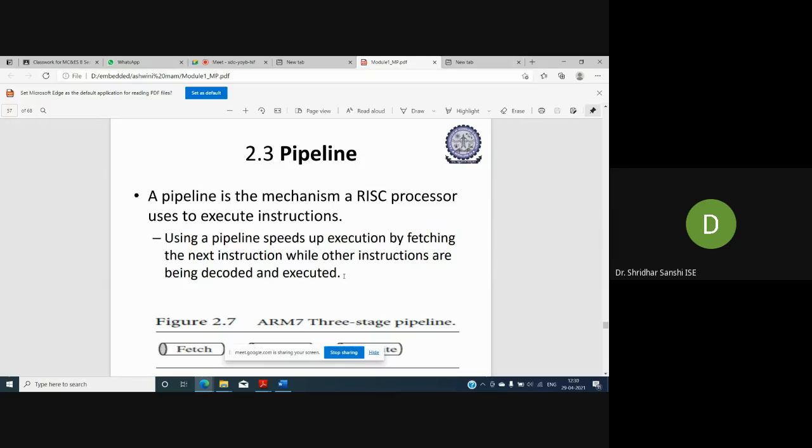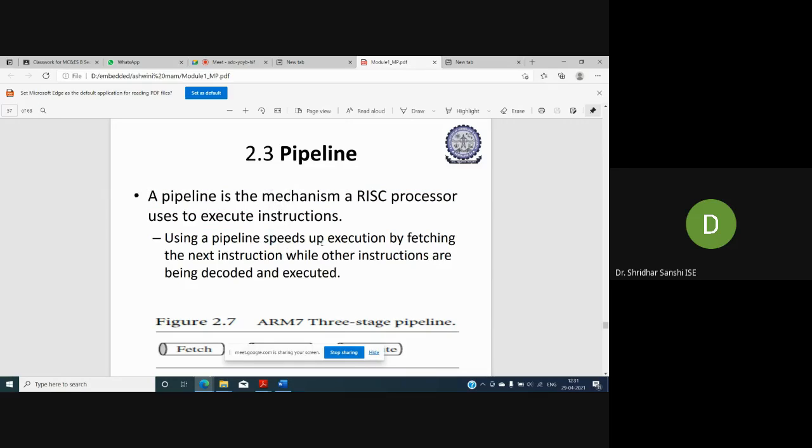Whenever a processor is executing a particular instruction, using the pipeline we can also, parallelly and simultaneously, fetch the next instruction to be decoded. In this way, we can improve the speed of the processor.